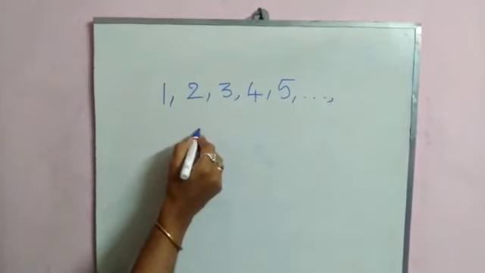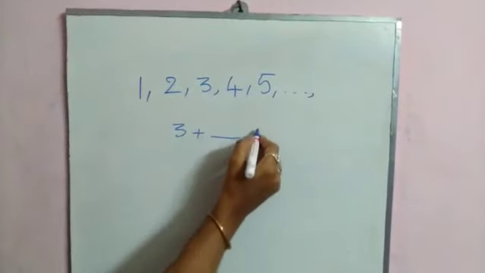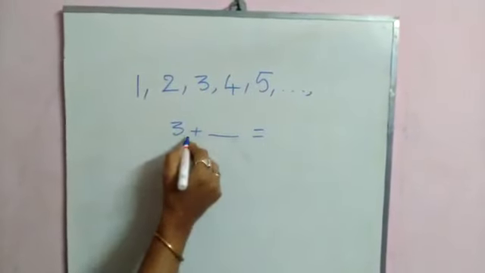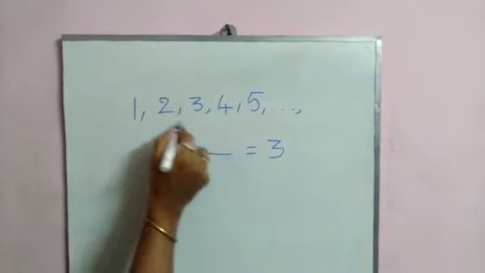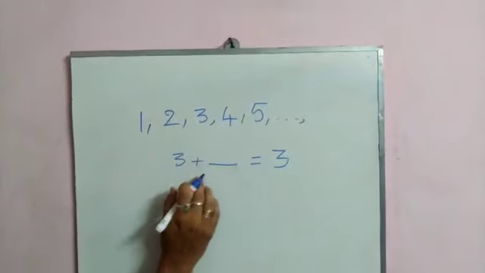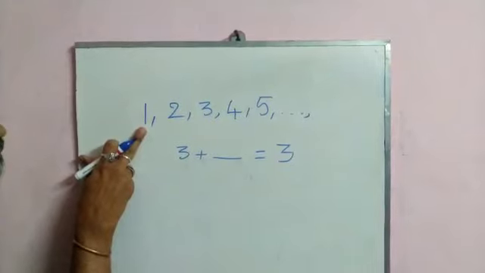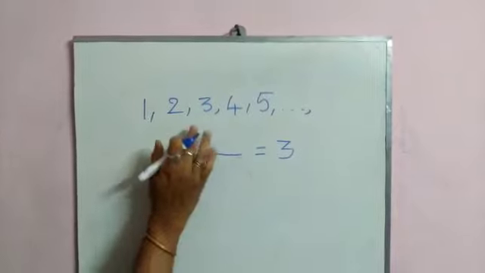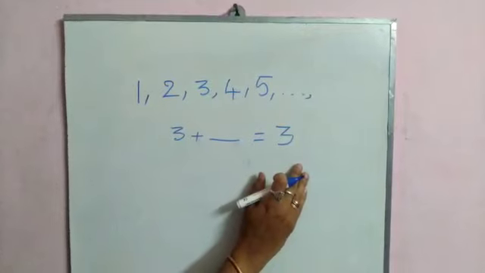Suppose you take one natural number, 3, plus some number you add, so that 3 plus this number must give 3, and this number should be in the natural numbers, the counting numbers. If you take the lowest number as 1, the first counting number is 1. So we will find that in this group of numbers, such a number does not exist.